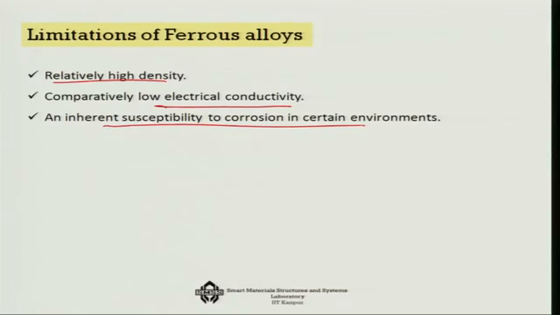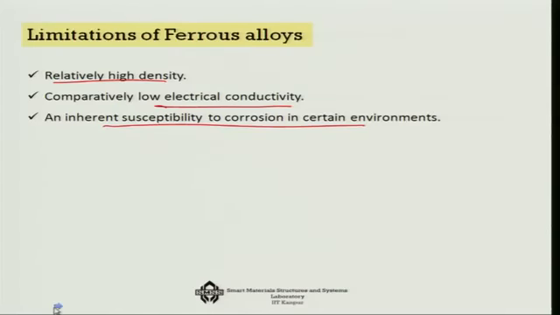Take this Coke can example: Coke is highly acidic. If you put Coke on a ferrous material, you would see how it gets corroded with respect to time. But this particular aluminum alloy composition has very good corrosion resistance. So, the density, the electrical conductivity and the corrosion resistance are some of the important reasons why one has to go for non-ferrous alloys.